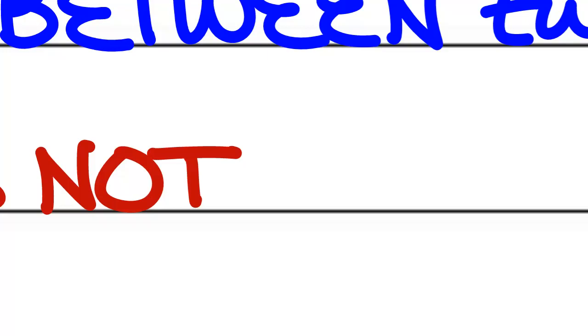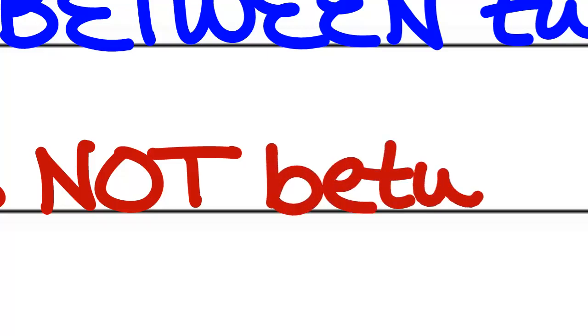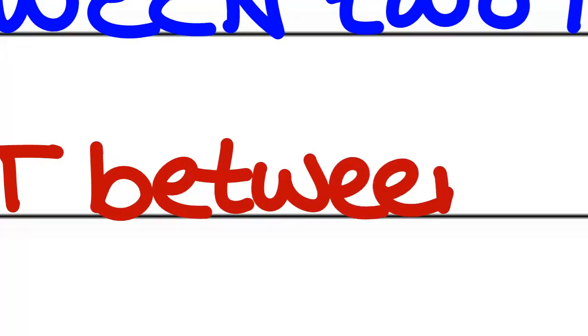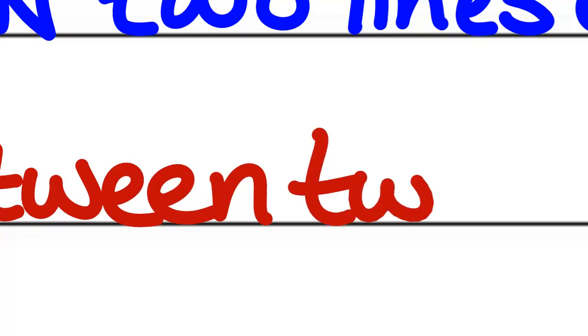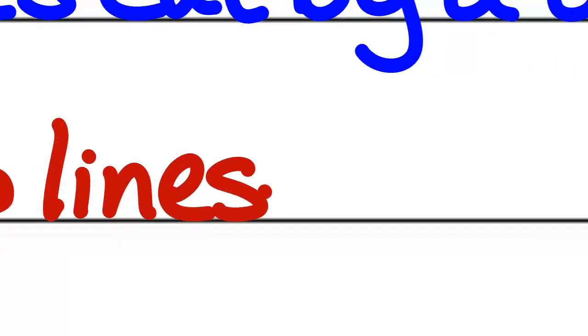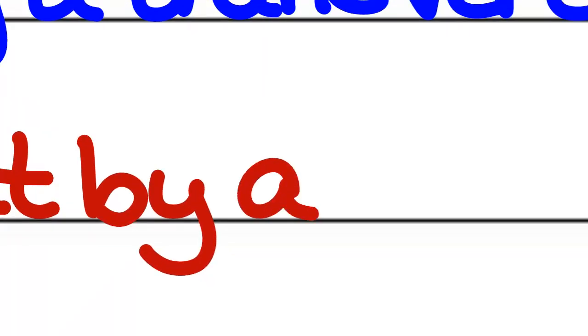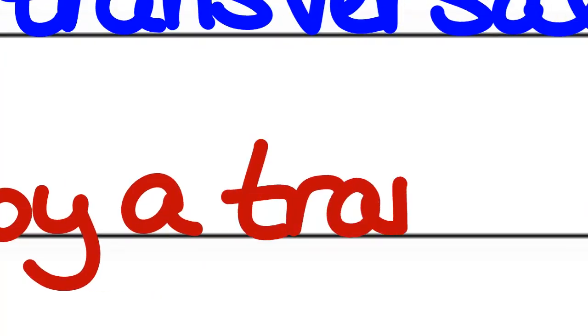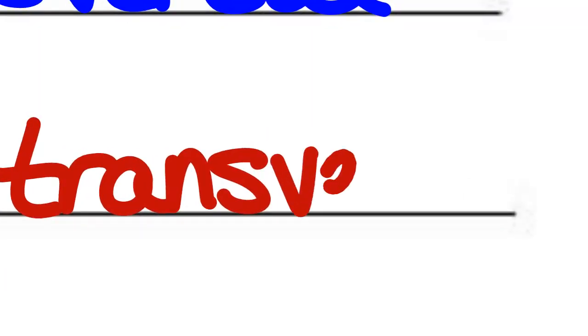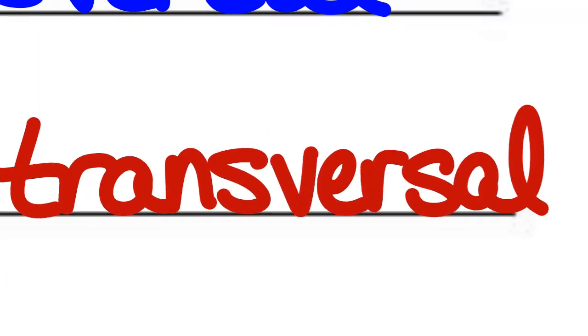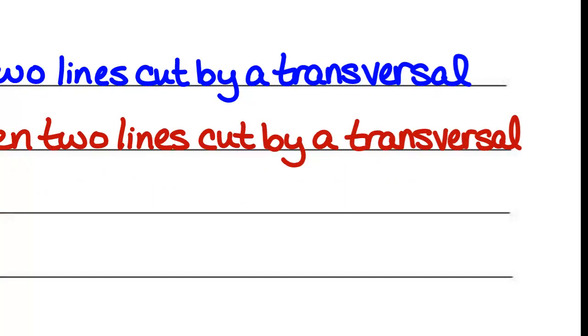Exterior angles are angles that are not between two lines cut by a transversal. So interior angles, angles that are between two lines cut by a transversal.